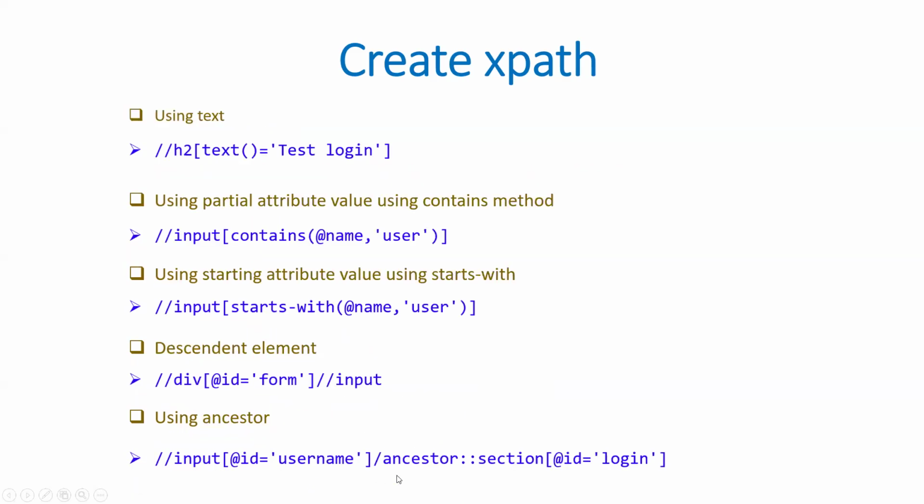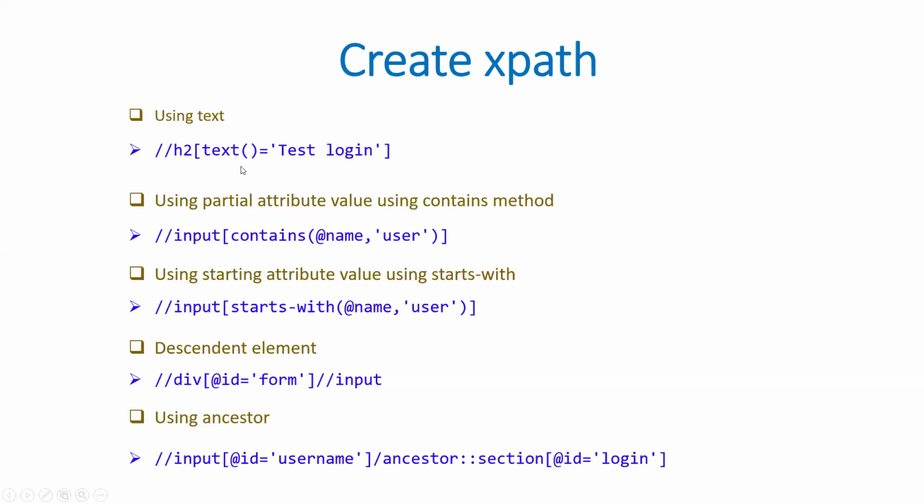So next, how to define a text value in the XPath? See, text is not an attribute. That's why text is not prefixed with the @ symbol. Text is a method, so that's why we define empty parentheses. The HTML text value should always be defined like this using the text method in the XPath.